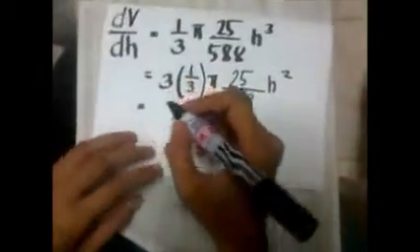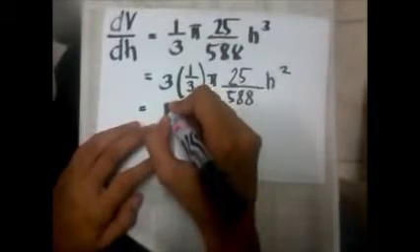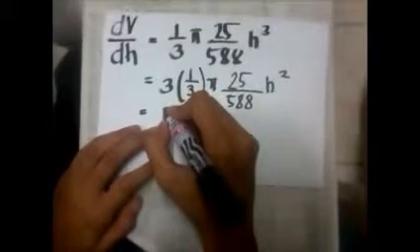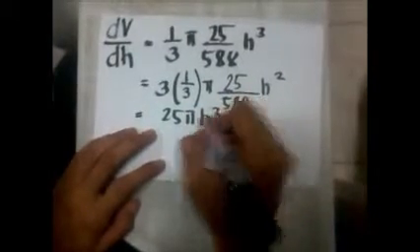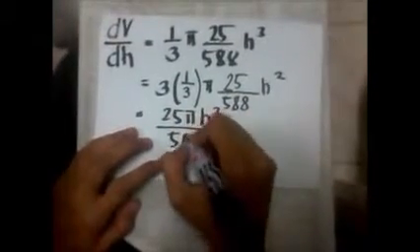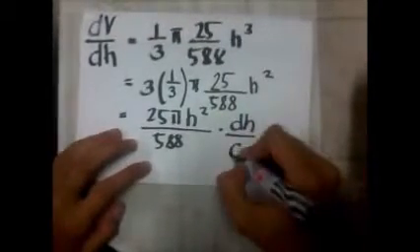So we have now the volume in terms of h: 25 π h squared over 588 dh/dt.